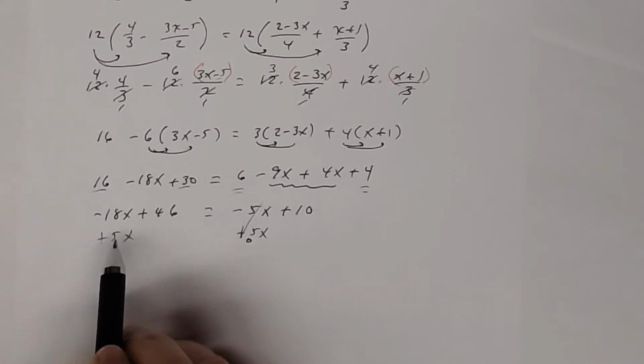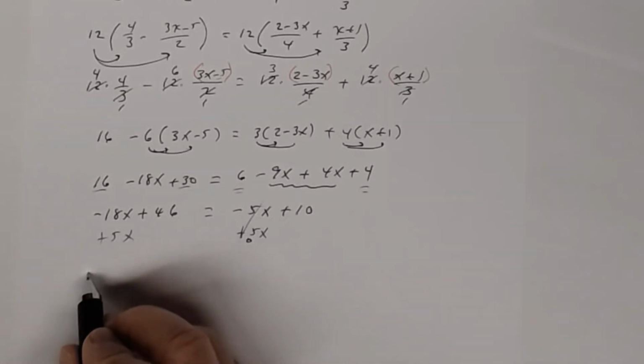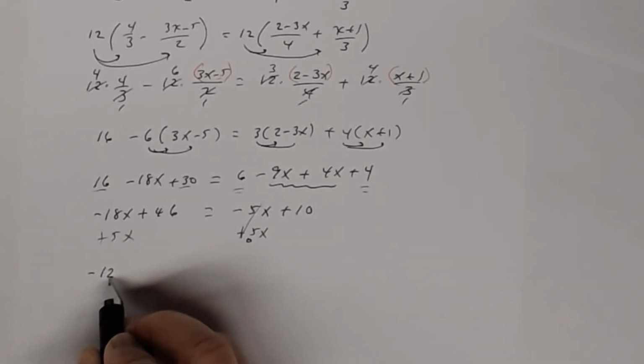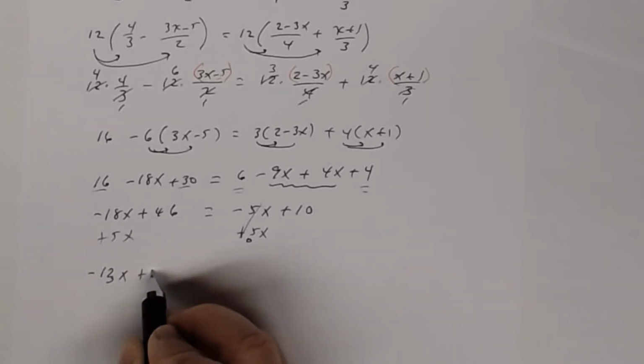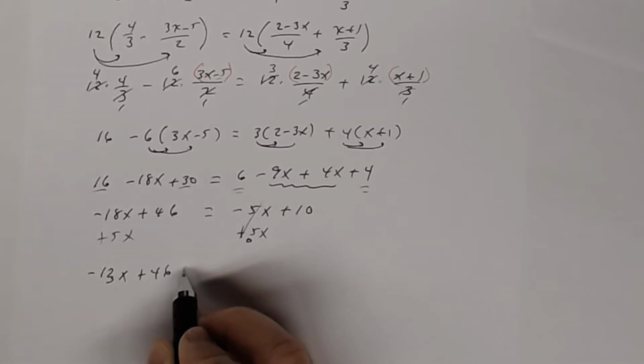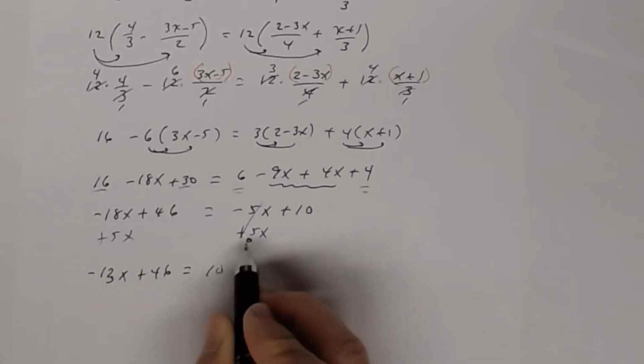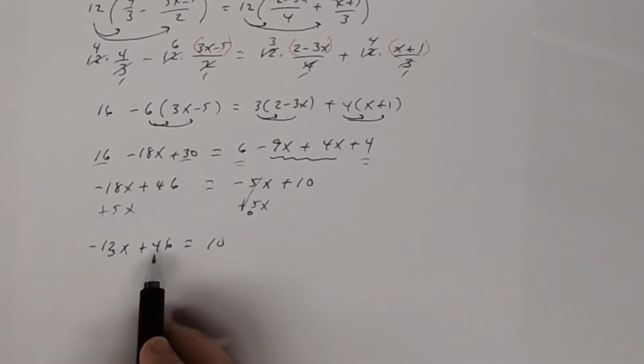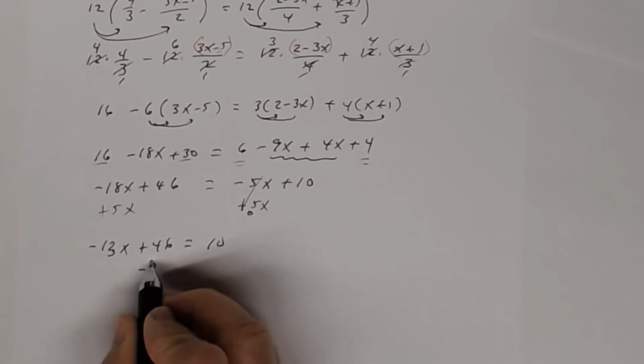A negative 18x and a positive 5x is a negative 13x, right? Plus 46 equal, and then 10. 0 plus 10 is 10. All right, now let's go ahead and get rid of this 46. So right now I'm adding 46. The opposite is to subtract 46.